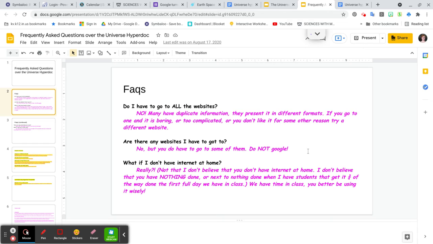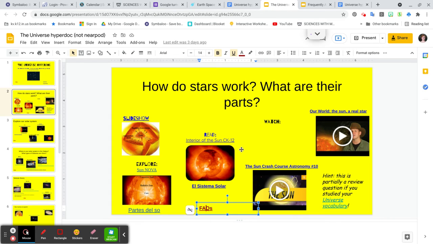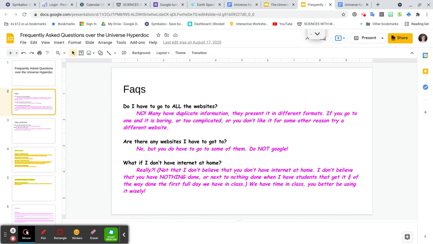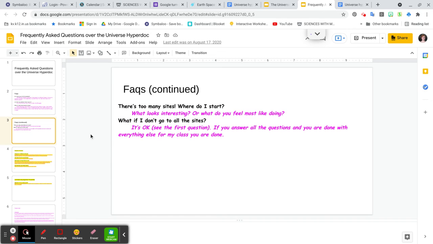No, but do not Google. If you Google, you may or may not get the right answer. I know these places. These places have the right answer. You just have to make sure that you're actually paying attention to those places. Hopefully you have internet if you're not at school. For those of us who are here in class, I expect them to get it done in class.